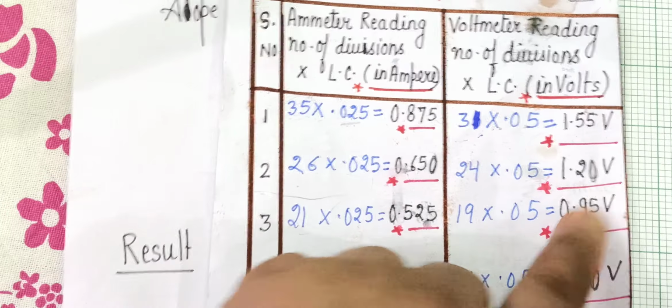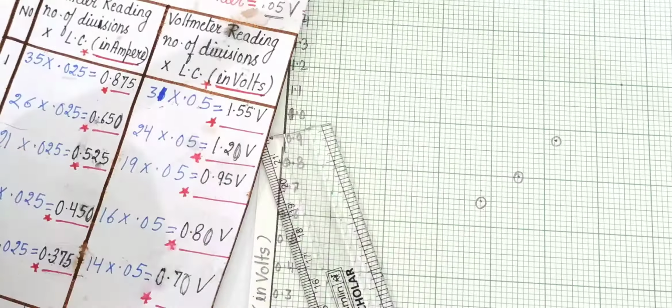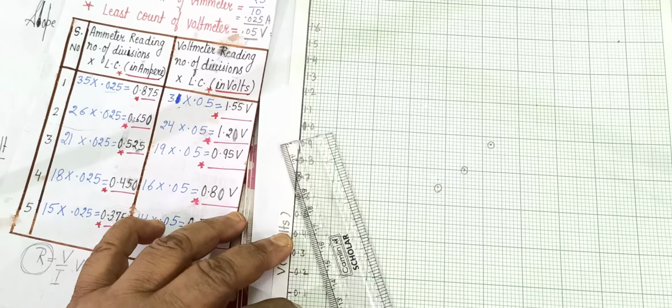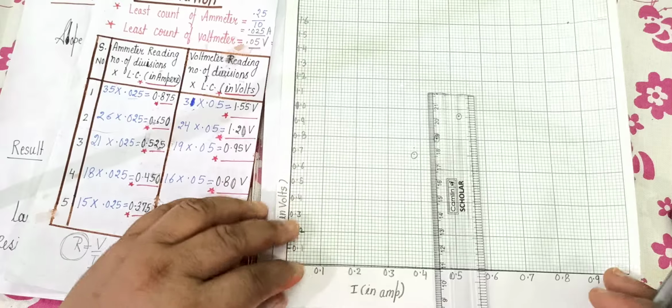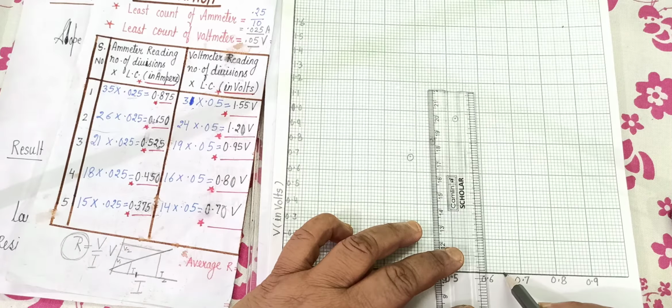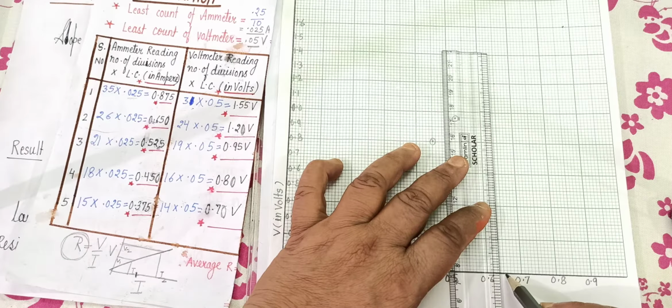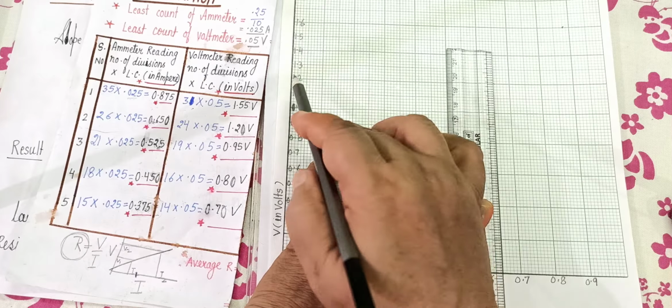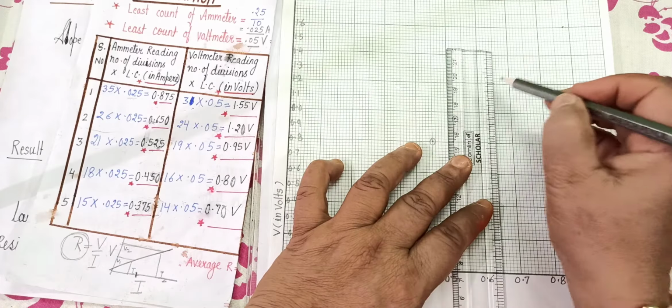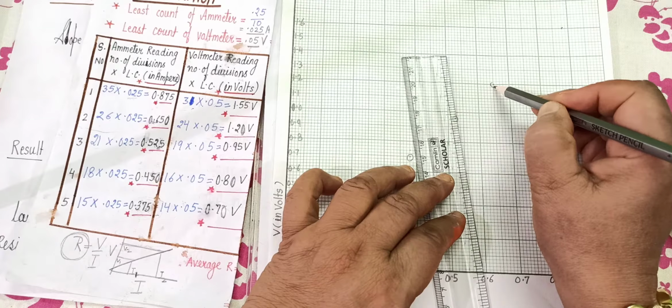Let me plot it also. 0.65 पर स्केल रख ली और 1.2 पर प्लॉट कर दिया, पॉइंट एनसर्कल कर दिया.